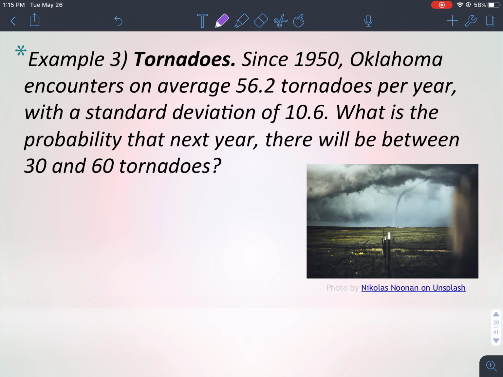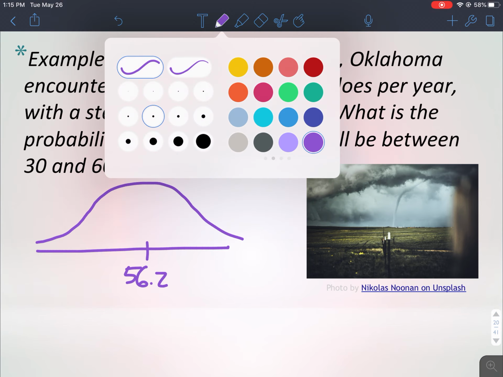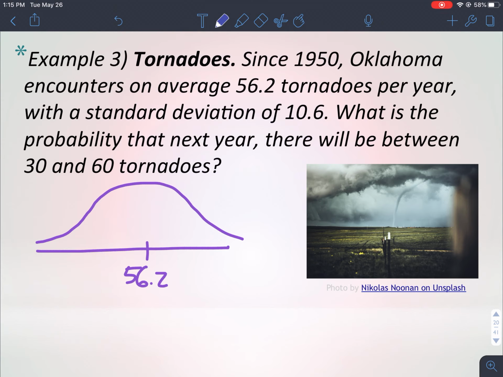All right, here we go. I will draw my curve. The mean is 56.2. This one's a little bit different from the previous question because we're looking for in between 30 and 60.